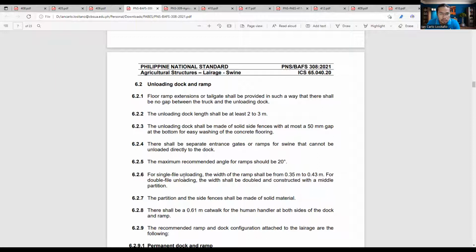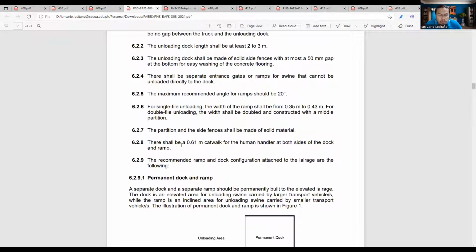For single file unloading, the width of the ramp shall be 0.35 to 0.43 meters. For double file unloading, the width shall be doubled and constructed with a middle partition. There shall be a 0.61 meter catwalk for the human handler at both sides of the dock. So if this is the ramp, there's a catwalk for the handler along the sides. The recommended ramp and dock configurations attached to the lairage are the following.